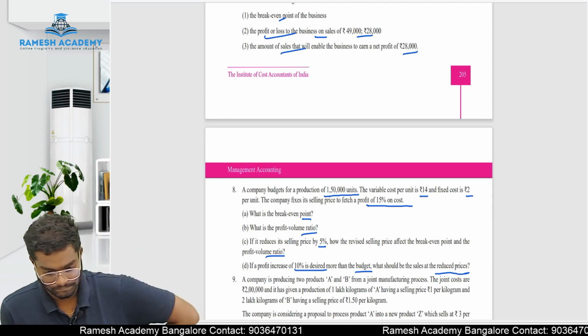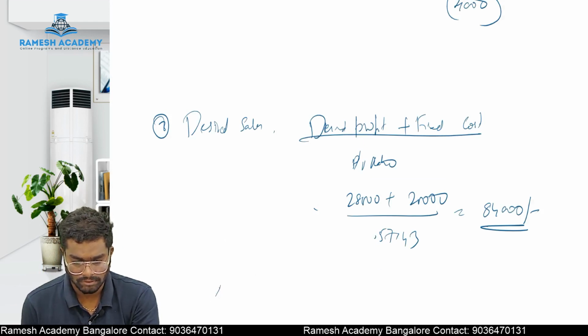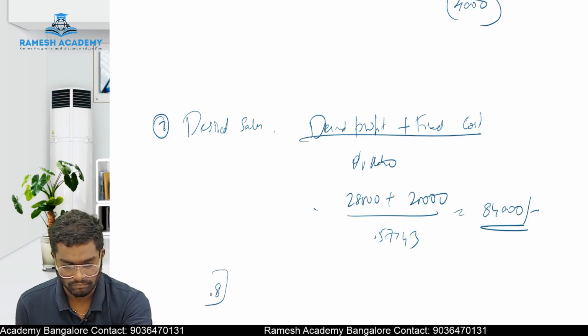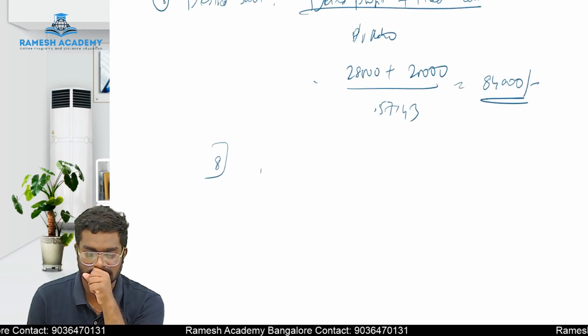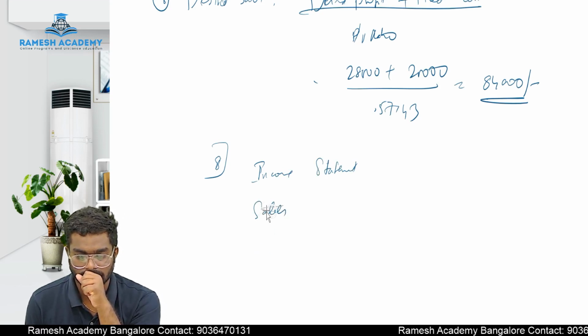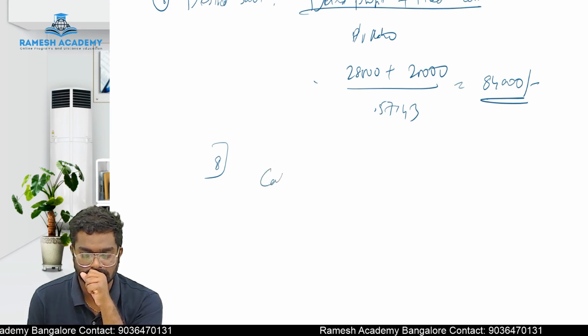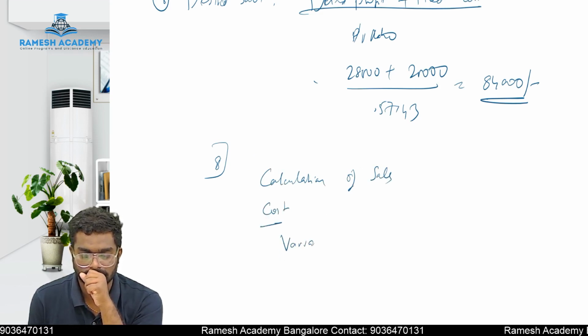Okay, we'll start. First and foremost, we have to prepare the budgeted sales income statement. First we'll calculate the sales, because we don't know the sales. Cost plus profit: first is variable cost.